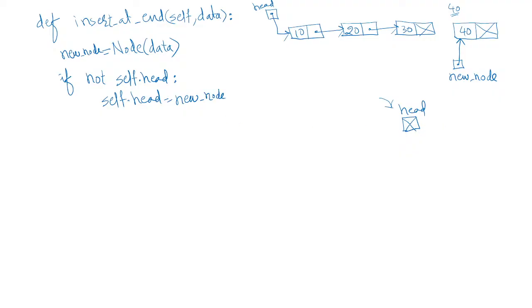So what happens? This head now points to this new node. That becomes the first node. After adding this, you just say return, come out from the function. This checks if it is empty. So initially if the list is empty, then it executes this code.